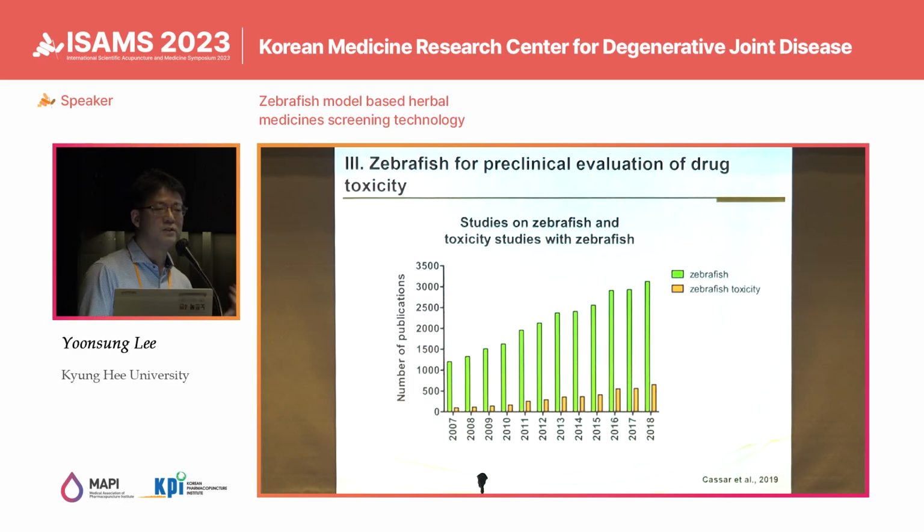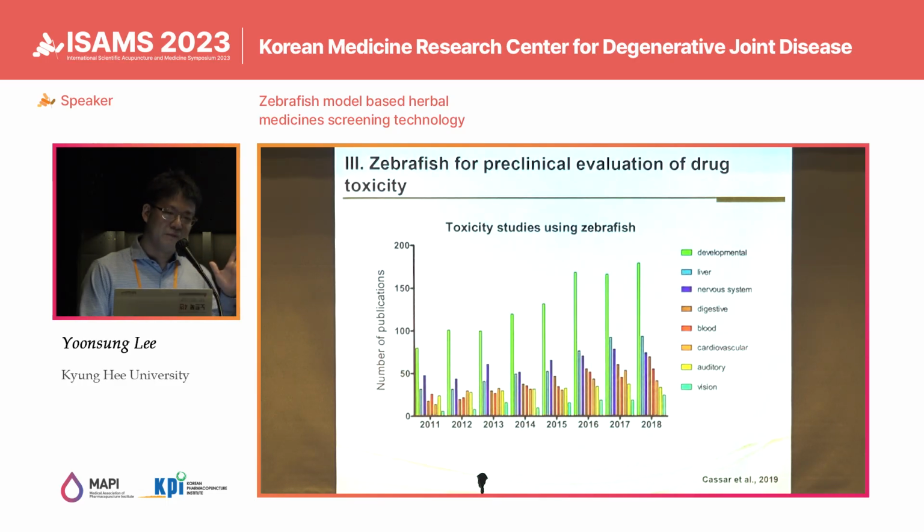But the more interesting thing here is that zebrafish was developed at first as a genetic model to study developmental biology and genetics, but toxicity was not the major one. From around 2007, people have been trying to use this for toxicity studies to develop drugs, and this tendency has continuously increased like this.